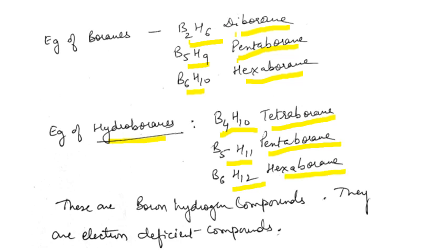So that is the general formula, and that is the difference between the boranes and the hydroboranes. Both are boron hydrogen compounds, and they are electron deficient compounds.